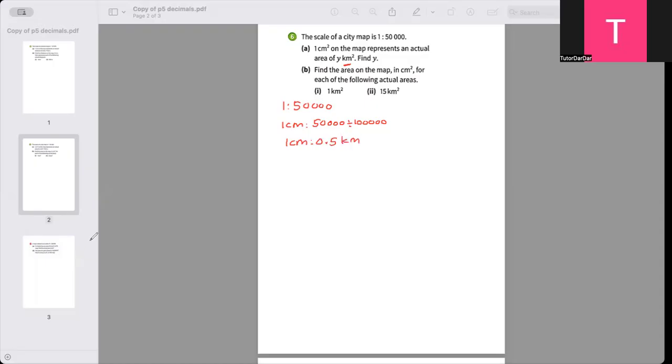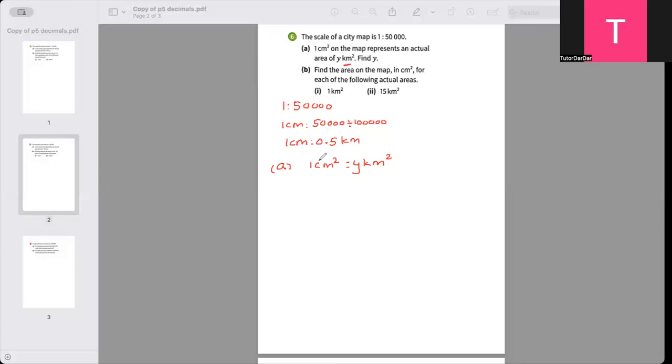Okay, so now A, 1 cm square on the map represents an actual area of y kilometer square. So A, what they want is 1 cm square is to y kilometer square.